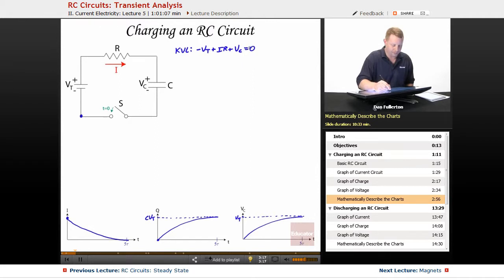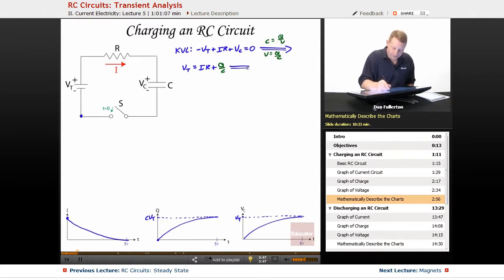So all of that must equal 0. But we also know here that C equals Q over V. Therefore, V equals Q over C. So I can rewrite my equation now as, let's rearrange this a little bit too, V_T is equal to IR plus, I'm going to replace V_C with Q over C.